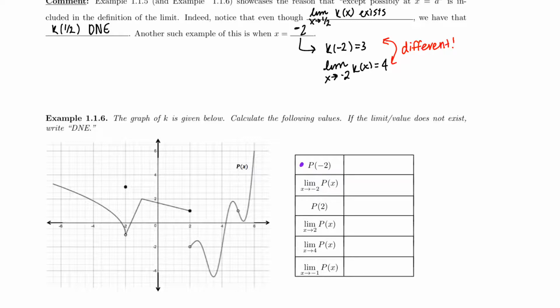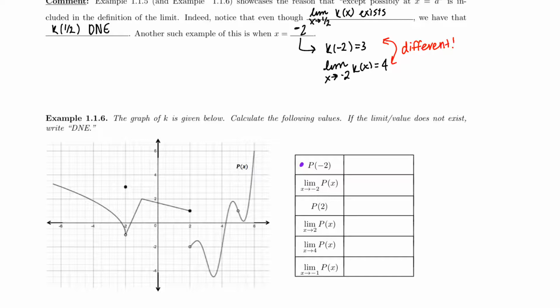So p of -2, what is p of -2? Looking at this graph, go ahead and put in the chat box what p of -2 is. Remember, this one's not the limit, this is the actual value of the function. I'm seeing some threes.